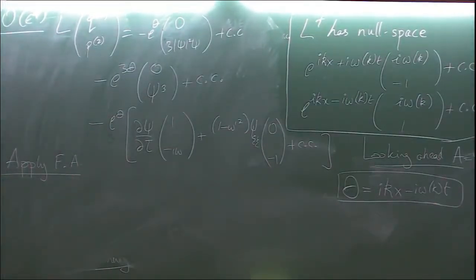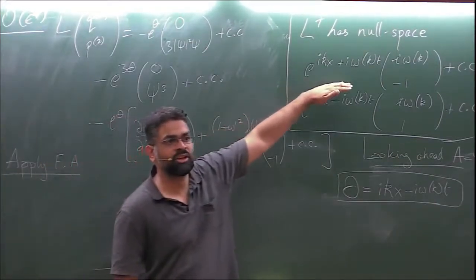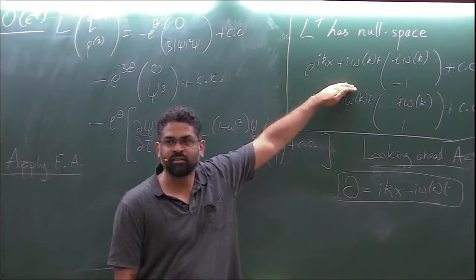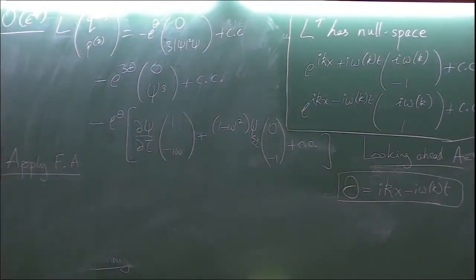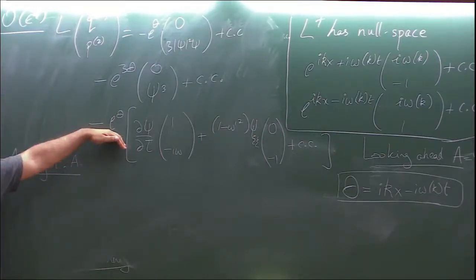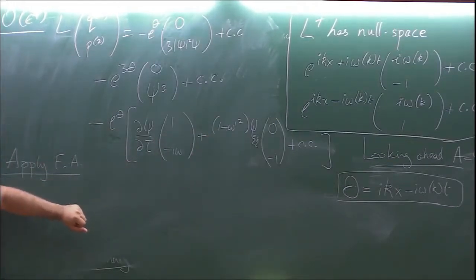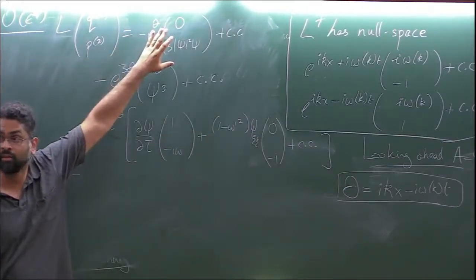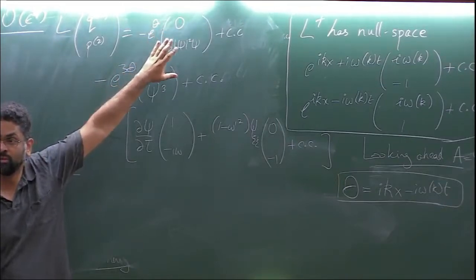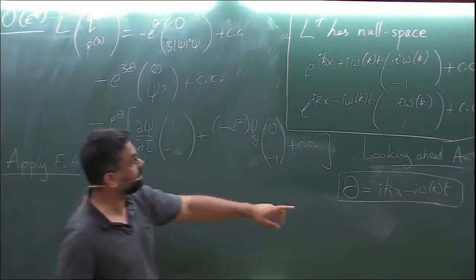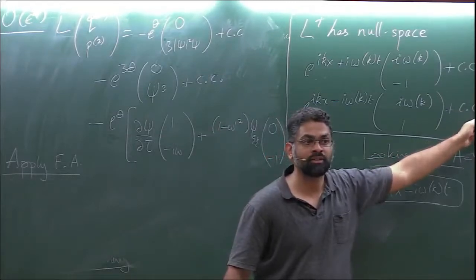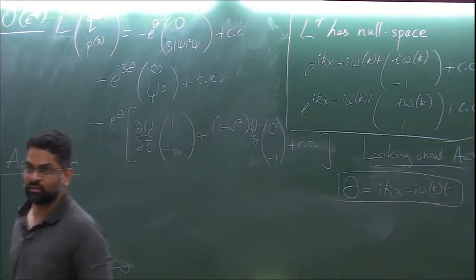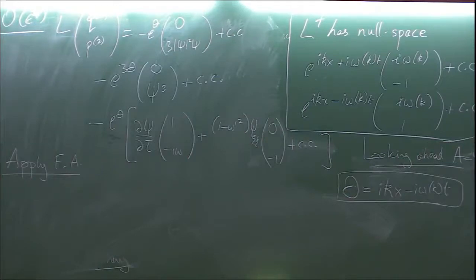E to the 3 theta times any element e to the theta or e to the minus theta is perfectly fine. It's going to give me at least an e to the 2 theta, which if I average, I get 0. The trouble terms are these guys when they get multiplied by e to the minus theta. So the contribution of this thing in the square bracket and the contribution of that thing should all add up to 0. So once again, we will multiply by the complex conjugate, which is e to the minus theta, times that associated vector.